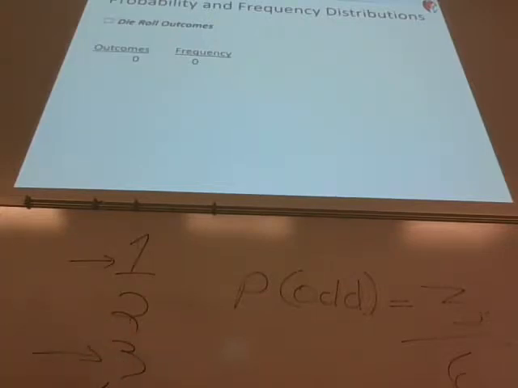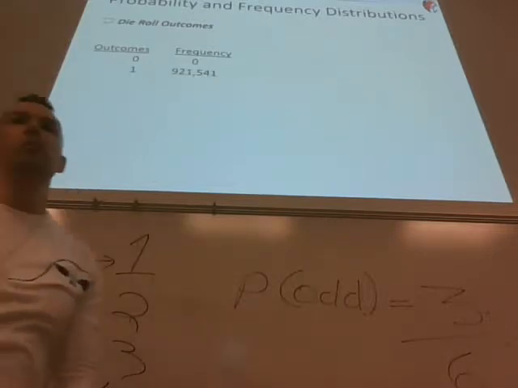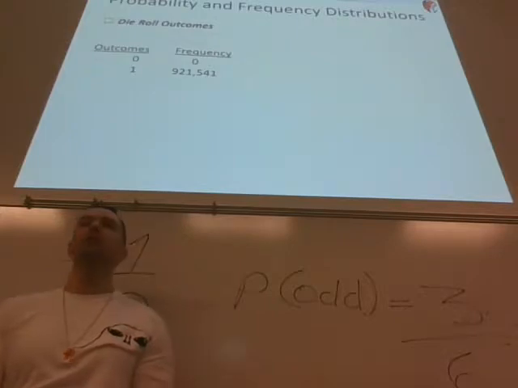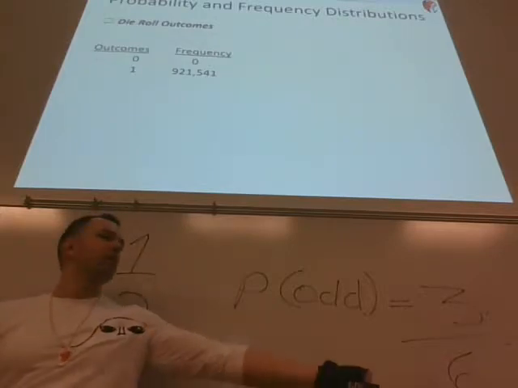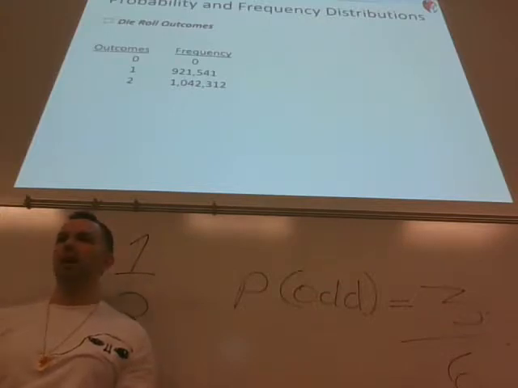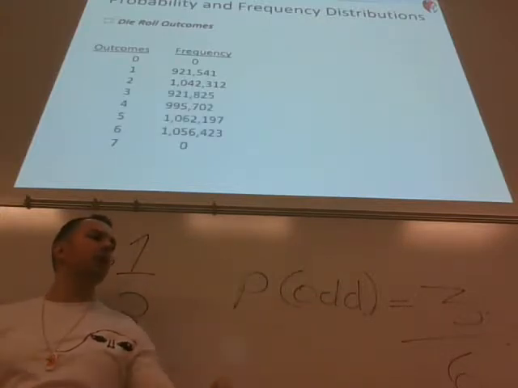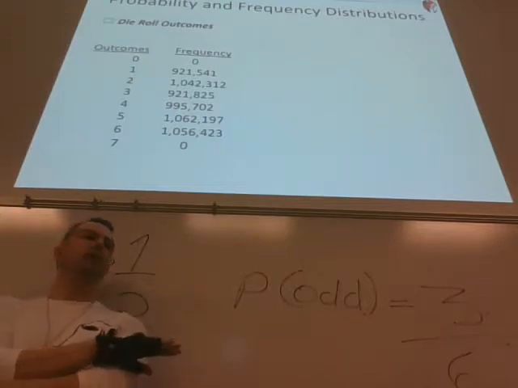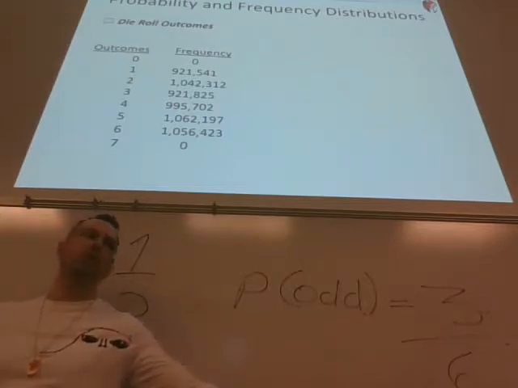That's not going to happen. You might have seen the number 1 come up 921,541 times. You might have seen 2 come up 1,042,312 times. You would have seen the number 3 come up, the number 4, the number 5, the number 6. And on a 6-sided dice, 7 would never occur.